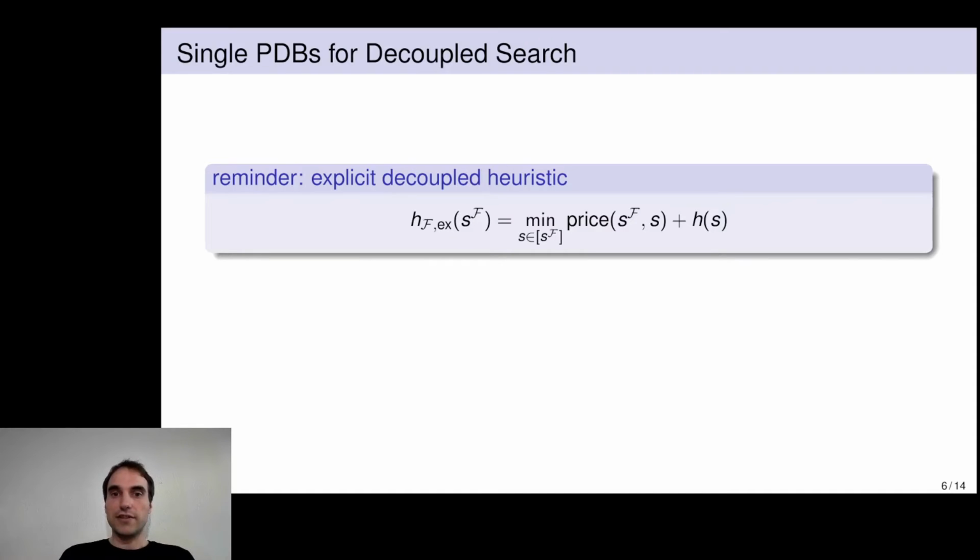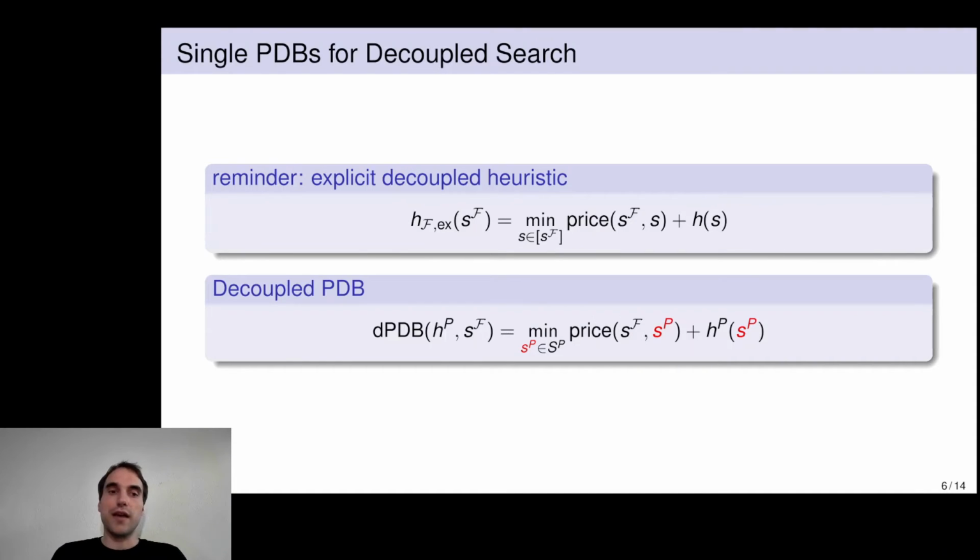The answer is no. We can actually replace that by only considering abstract member states. So by doing that, we don't need to enumerate all of the explicit member states, but it suffices to consider the abstract states. This means that we can efficiently compute a single PDB heuristic for decoupled search.